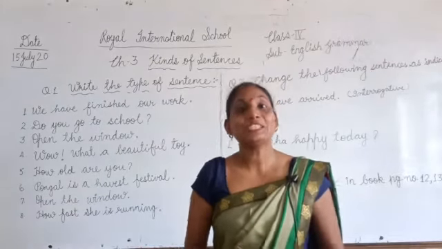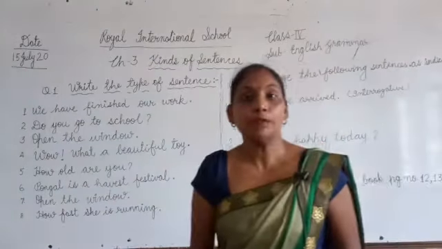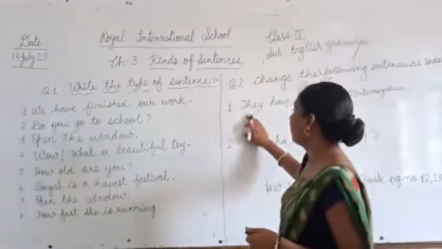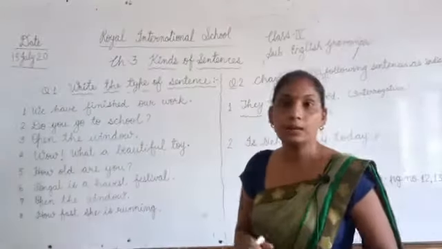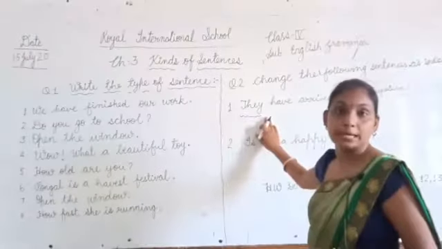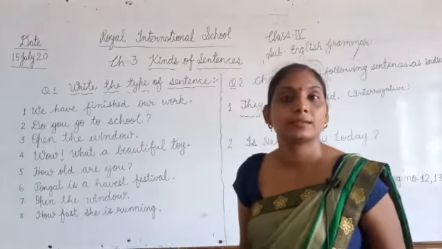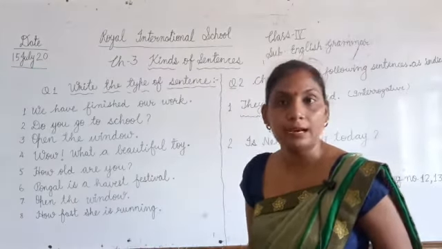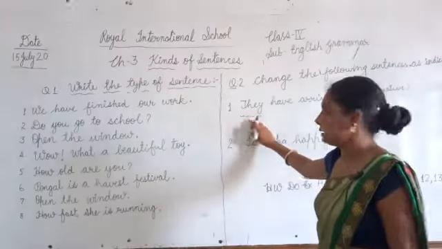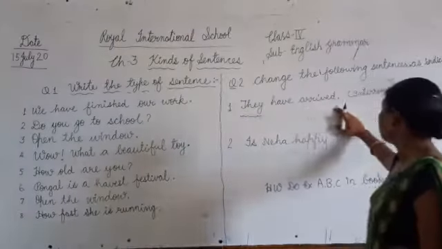The names of the two parts are: the first one is subject, as we see in every sentence, and the other part of a sentence is predicate. It is the subject of the sentence, and the remaining part, except the subject, is the predicate.